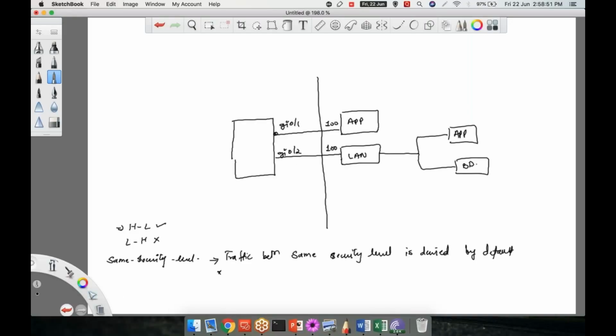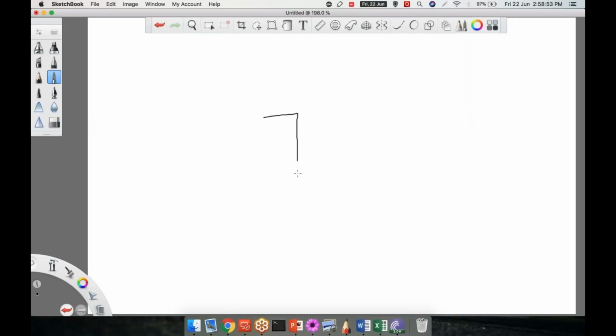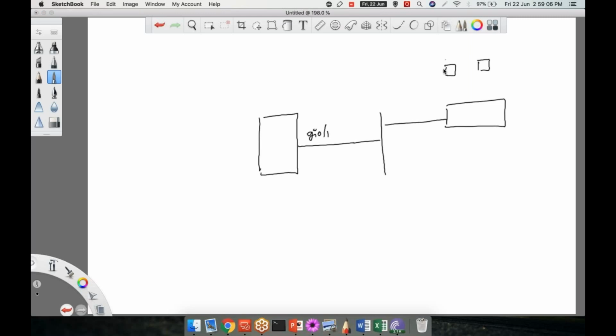Saying this, there could be a possibility that I have a firewall with its interface, let's say for example gig 1, which is connected over a LAN going towards a server on top of which multiple VMs are present. Now both the VMs are, let's say, in different subnets, and I said the gateway will be defined where? On the firewall.